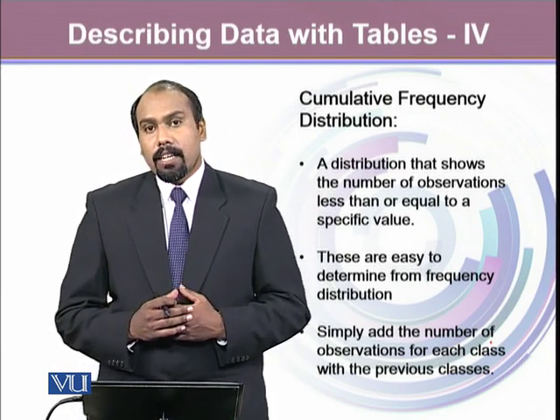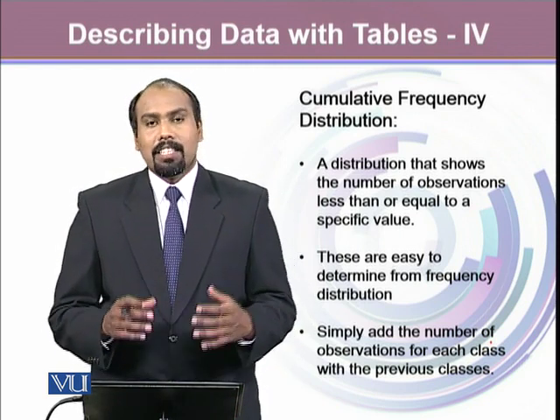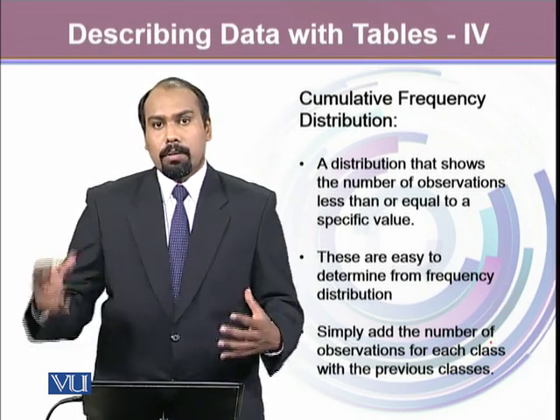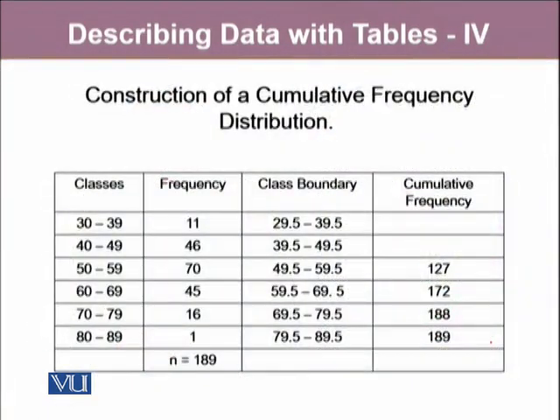If we want to understand this concept more clearly, we need to know that cumulative adds up the previous things. So in the cumulative frequency distribution, we have this grouped frequency distribution. If we want to construct the cumulative frequency distribution, we need to add the frequencies. For the first class, there is nothing behind 11, so the first cumulative frequency will stay the same as it is in the frequency.